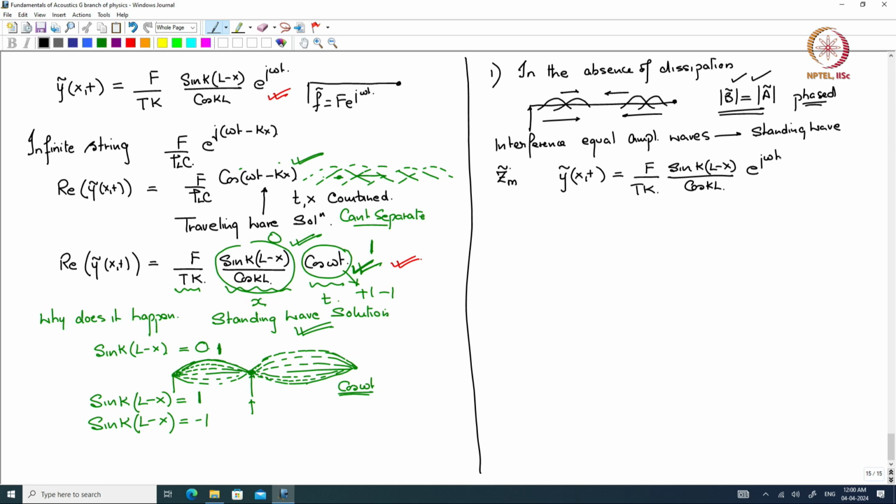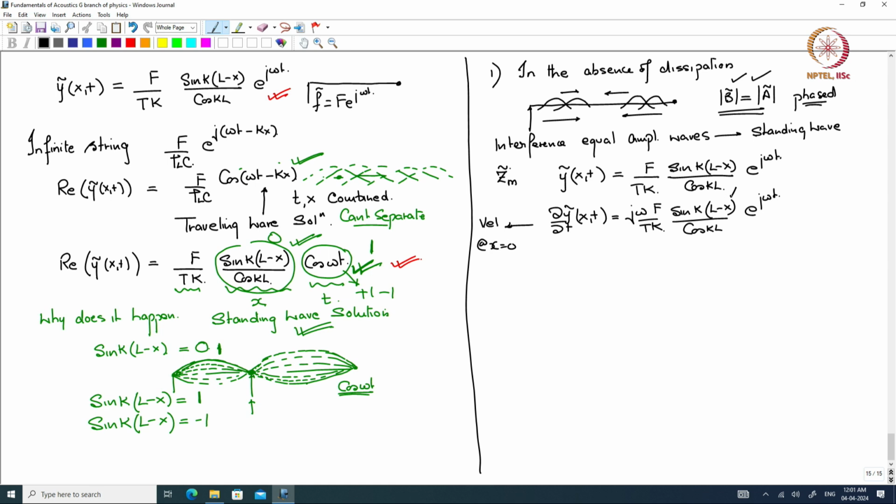Okay. Then my del y by del t is equal to j omega f by Tk, sin k(L minus x) by cos kL, e to the power of j omega t. This is my velocity, and I will get the velocity at x equal to 0.